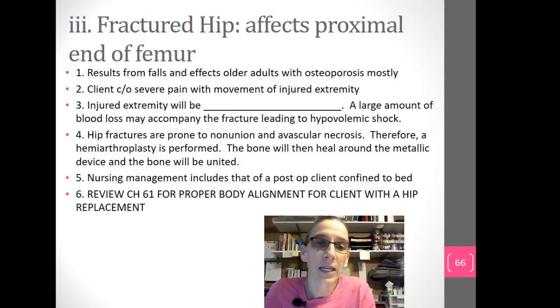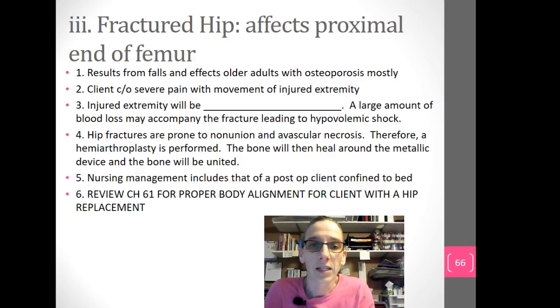The injured extremity will be shortened and externally rotated, so shortened and abducted. That's a really important thing to be monitoring for in these patients. Remember we talked about muscle contracture, muscle spasms, and discontinuity of the bone causing that shortening and external rotation of the leg. So that is a very significant sign to know that that's what's going on.